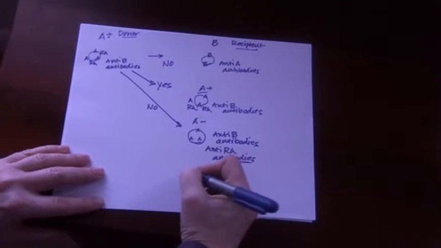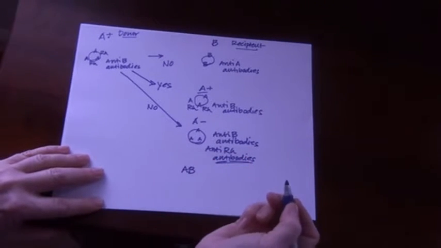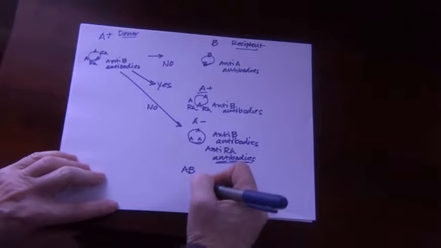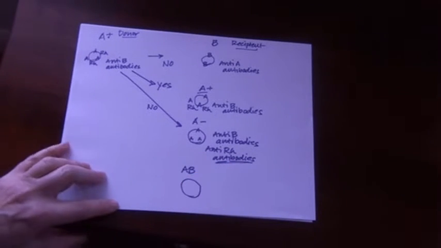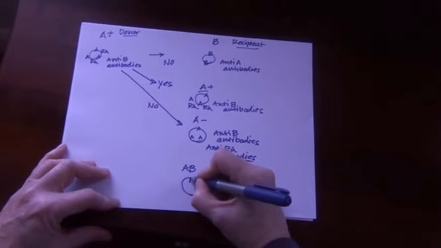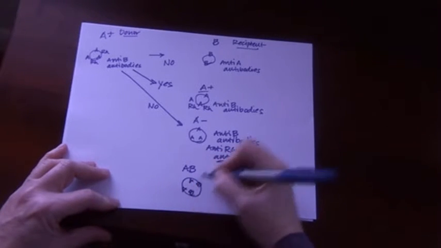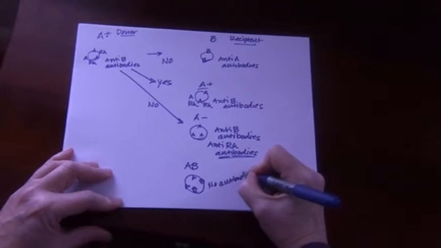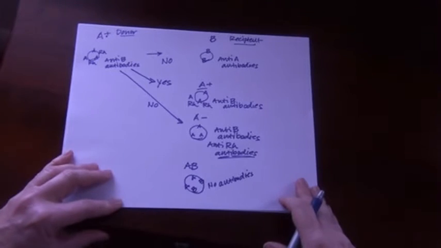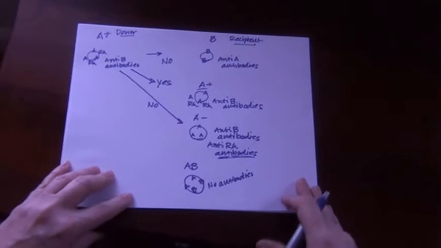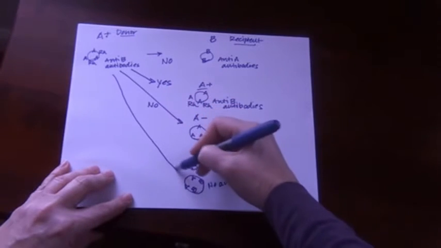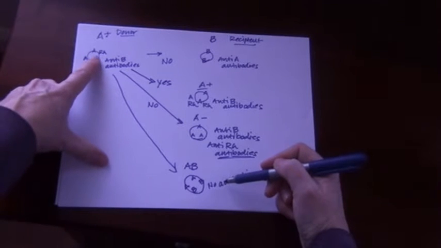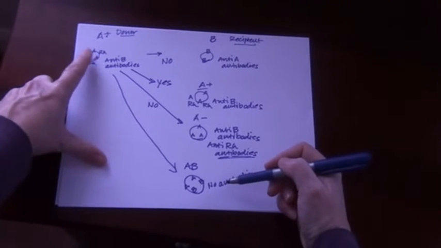What about type AB blood? Can A positive blood donate to generally AB blood? So what does AB blood look like? AB blood has A and B antigens on the red blood cell and no antibodies circulating in the plasma. So when we donate blood here, going this way, there are no antibodies in type AB blood to react to the antigens on this donor blood.